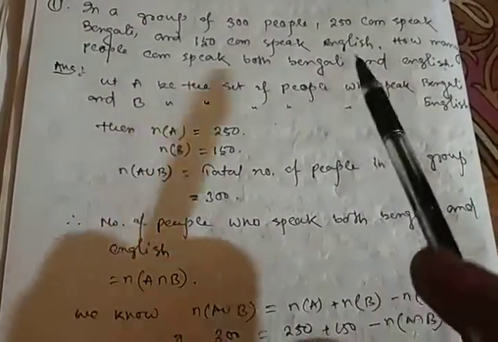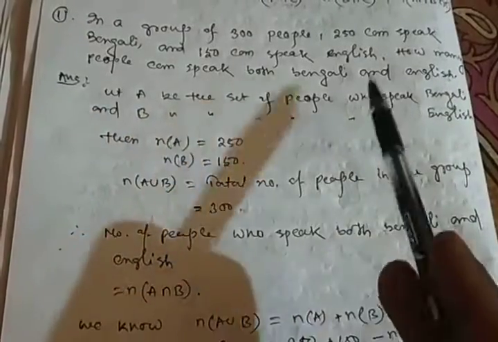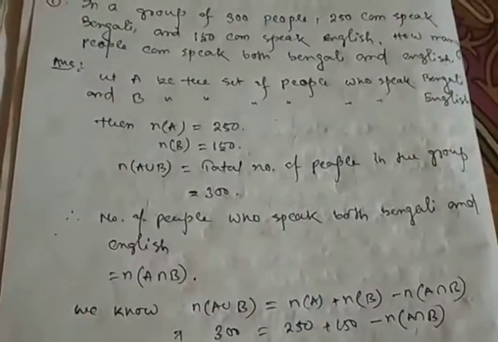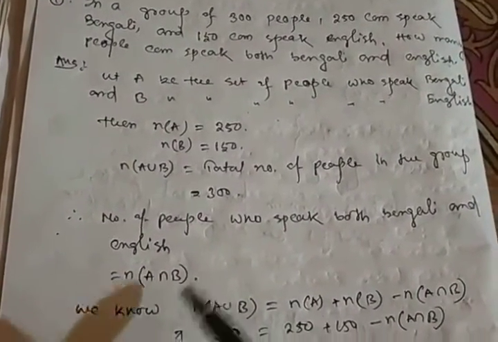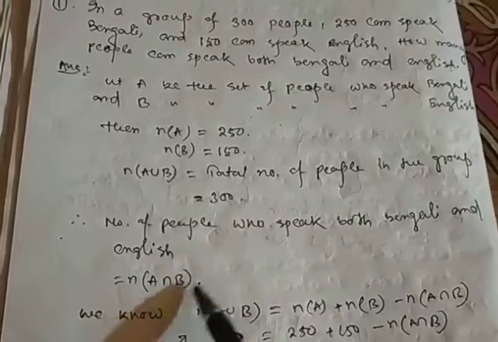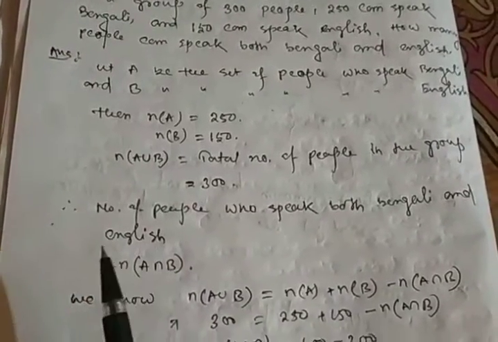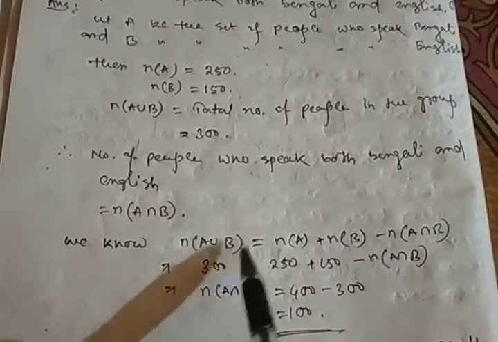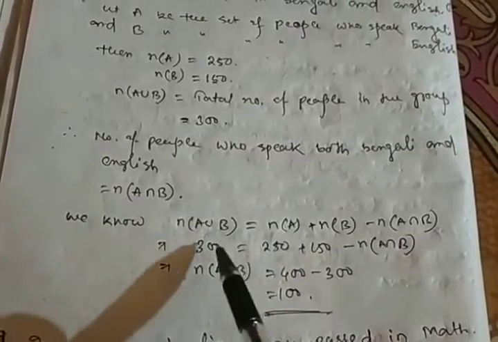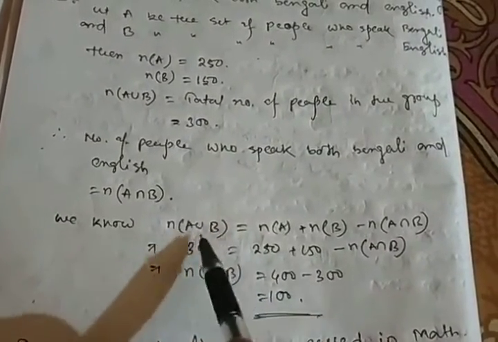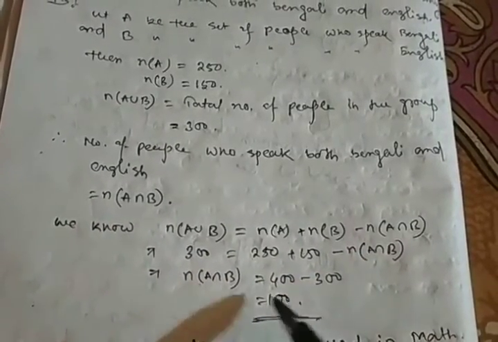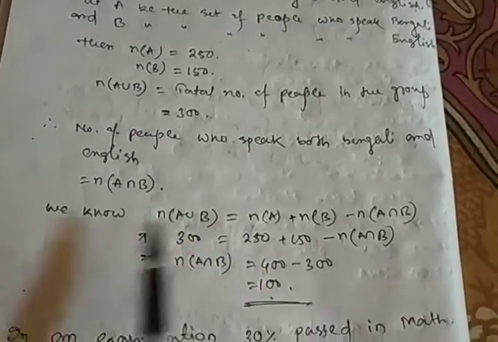Now we have to find the number of people who speak both Bengali and English, that means the set of people who speak both Bengali and English, which is n of A intersection B. Now we know n of A union B equals n of A plus n of B minus n of A intersection B. Putting in the values, we get 300 equals 250 plus 150 minus n of A intersection B. After calculation we get n of A intersection B equals 100.